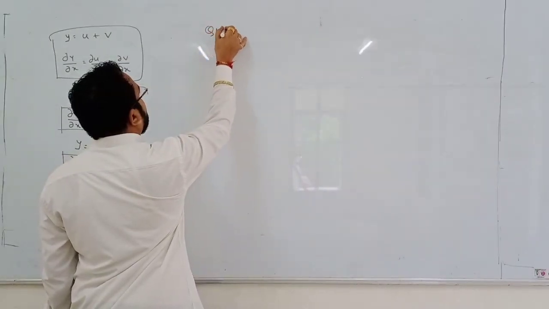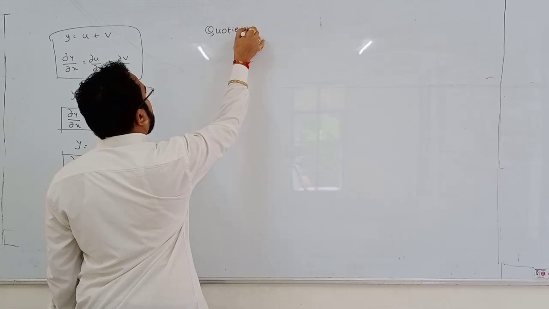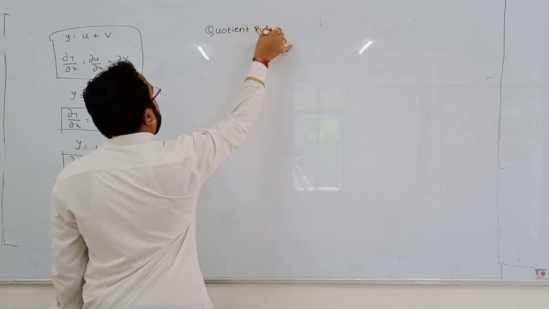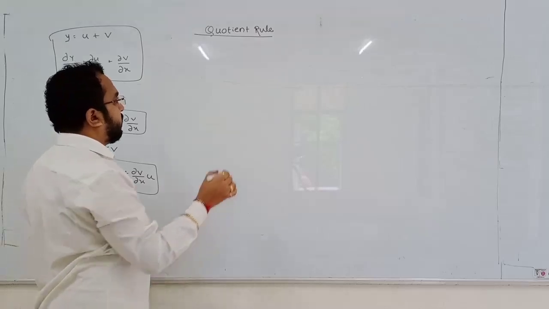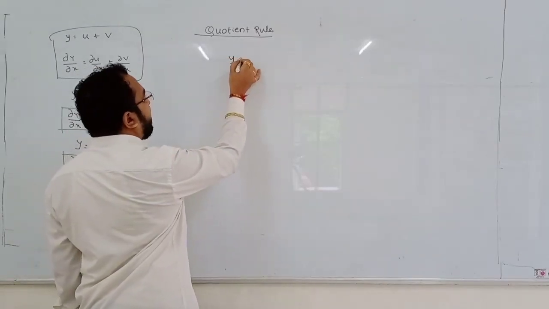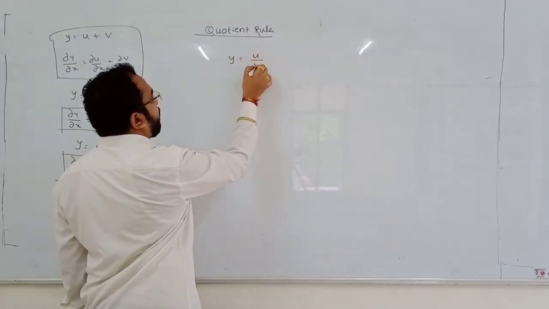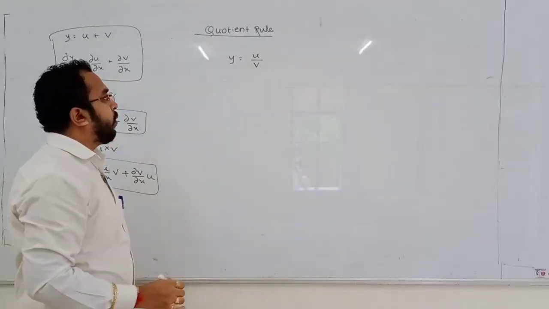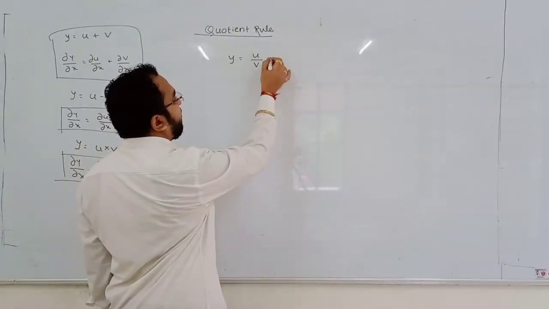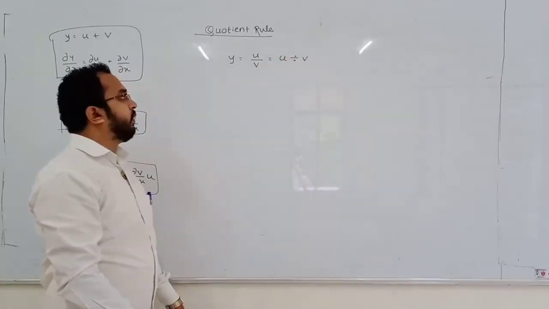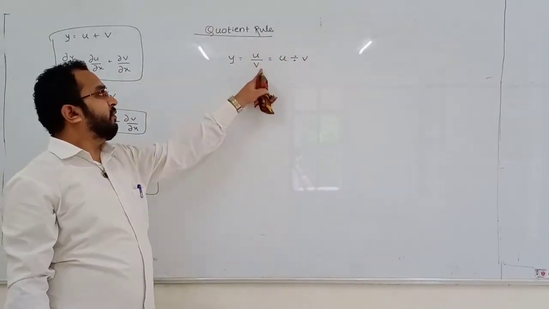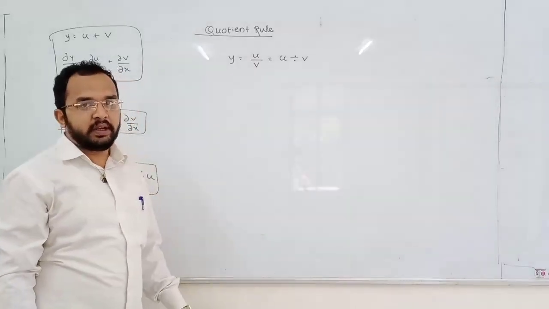Next is quotient rule. So what is quotient rule? You can also call it the division rule. Suppose a function is given as y is equal to u divided by v, or you can say u by v, both are the same thing.